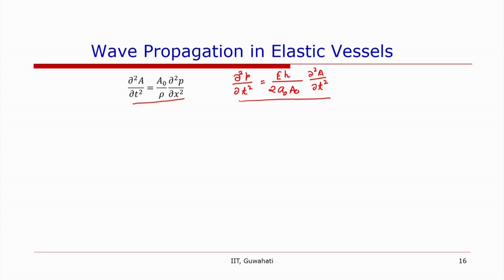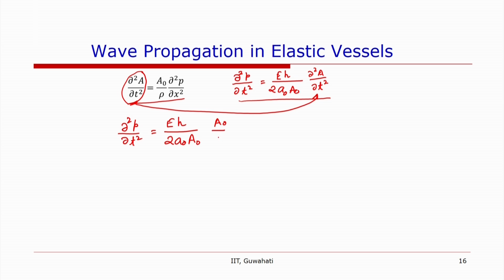And if we equate del 2A by del T2 in both the terms, or we can substitute directly del 2A by del T2 from this equation, we will get del 2P over del T2 is equal to EH over 2 A naught, capital A naught, small a is the radius and capital A is the area, remember, and this will be A naught over rho del 2P over del x2.